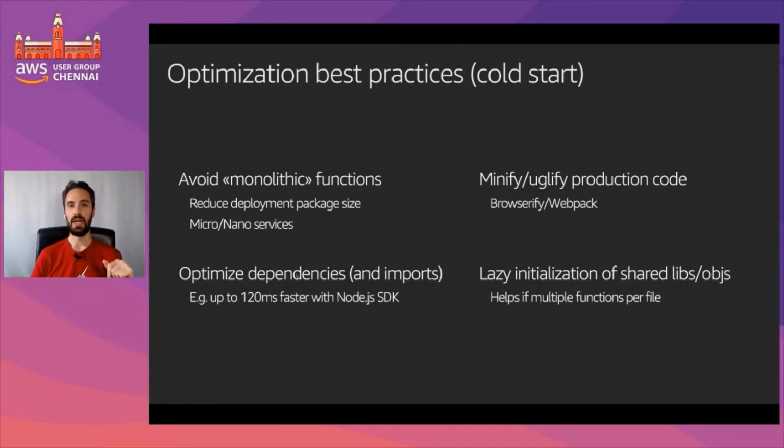I'll show you an example in a second, but in a few words, based on how you import some dependencies, for example, the AWS SDK, you might be able to shave off a lot of milliseconds by importing some sub-modules. So instead of importing the whole SDK, you can import a subsection of it, a sub-module of it, and that might help you reduce this initialization time.